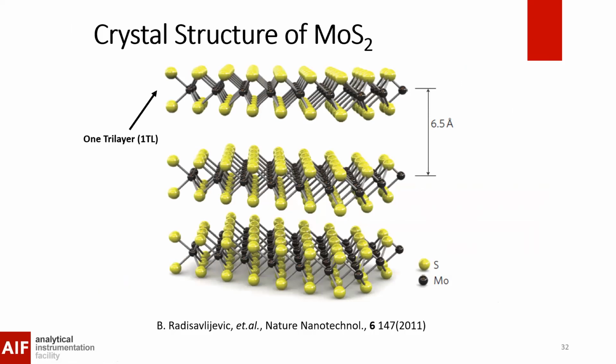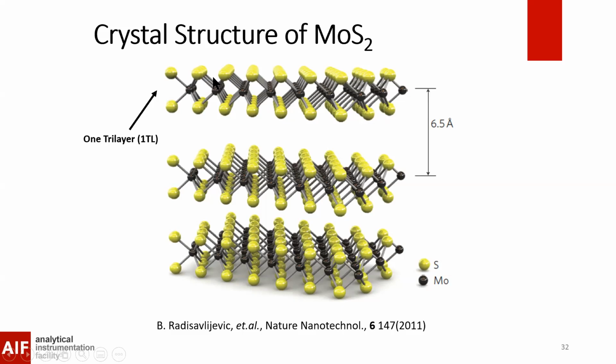So my last example is using Raman to investigate molybdenum disulfide structure. This is also a very hot topic using Raman for material characterization. Molybdenum disulfide has a pretty special structure with a tri-layer orientation, shown here.